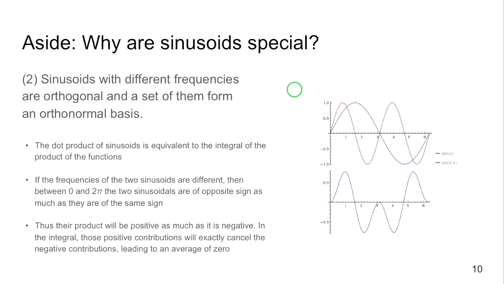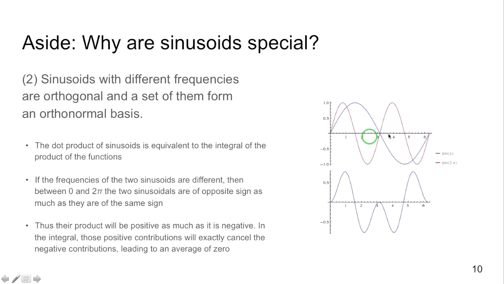A second, but not separate, reason is that sinusoids with different frequencies are orthogonal. And if you have a set of sinusoids with different frequencies, they form an orthonormal basis. And that is to say that the dot product of sinusoids with different frequencies is 0. And to compute the dot product of these sinusoids, we take the integral of the product of the functions.